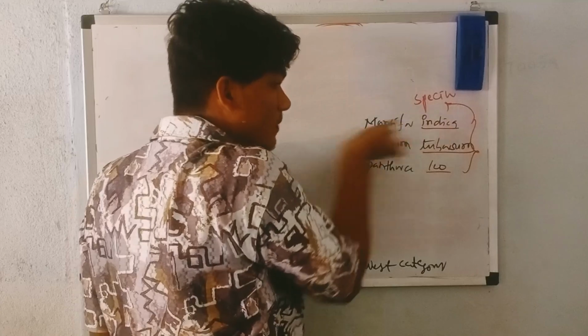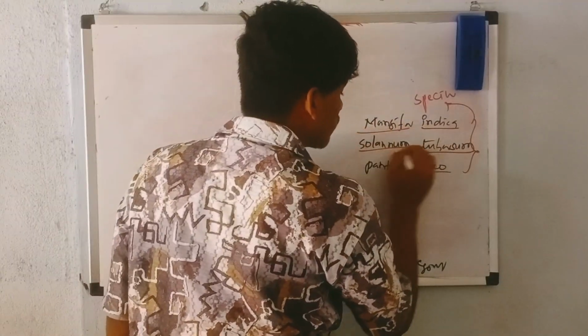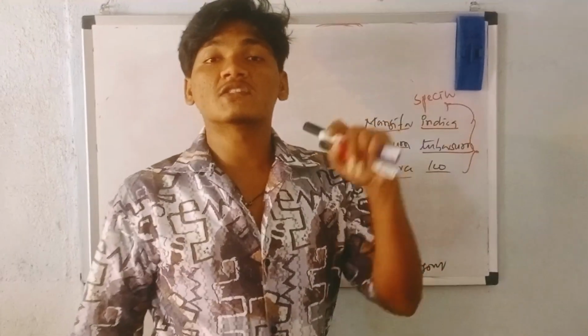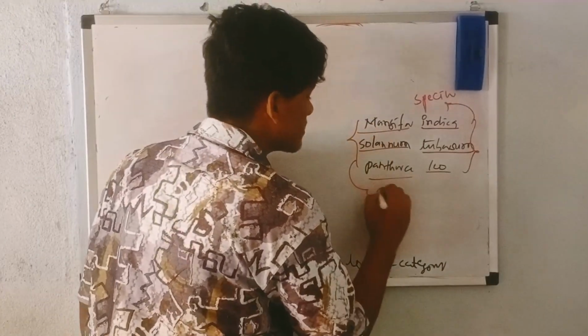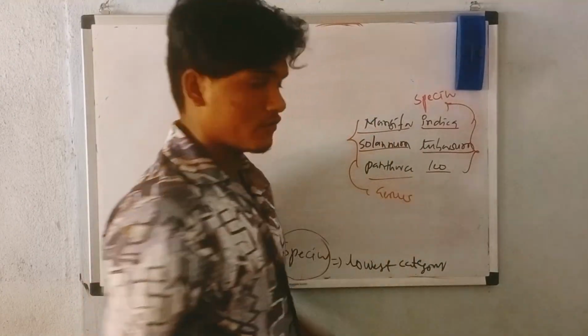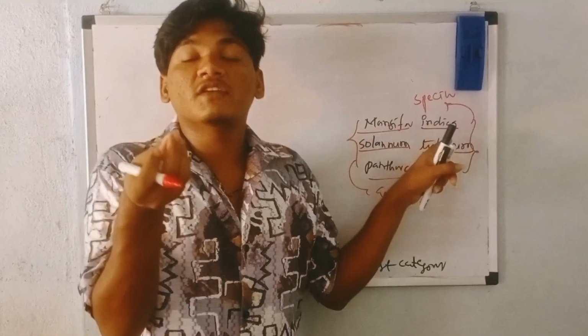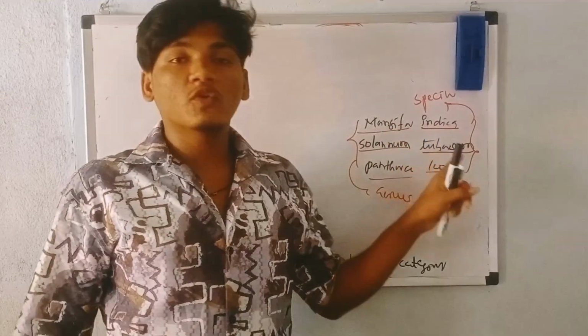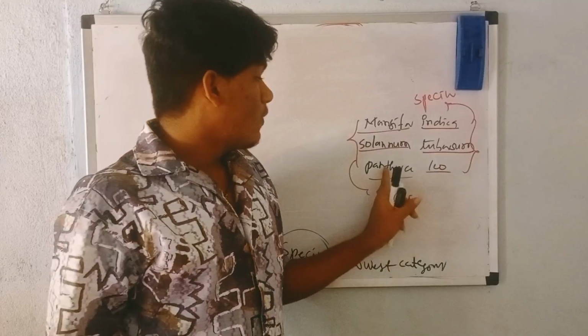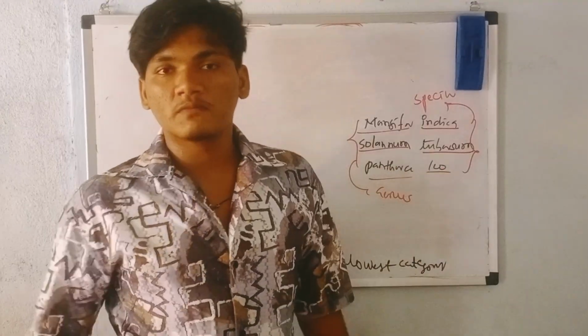The first word in these biological names, Mangifera, Solanum and Panthera, represents the genus. I hope you understood. Mangifera indica is the scientific name of the mango, Solanum tuberosum is the scientific name of the potato, and Panthera leo is the scientific name of the lion, right?